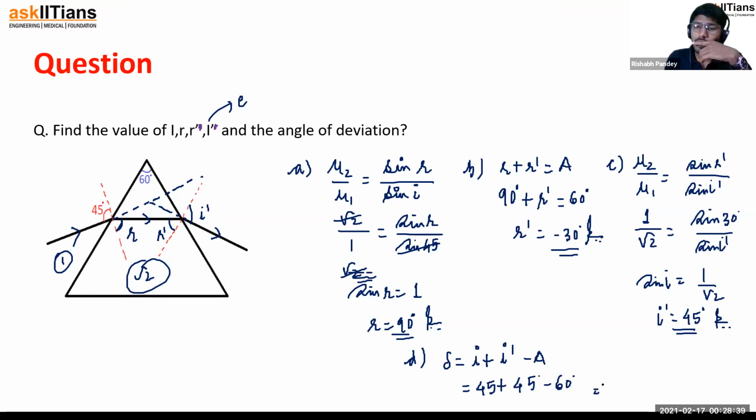If you solve this, you get 90 minus 60, that is 30 degrees. So 30 degrees will be the angle of deviation. That means the light has deviated by an angle of 30 degrees. Are you getting this?